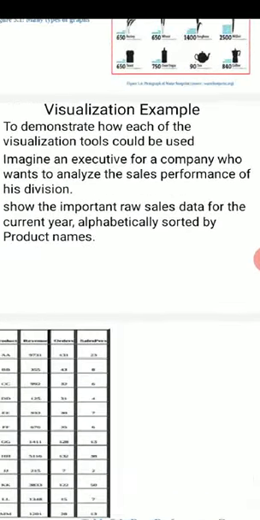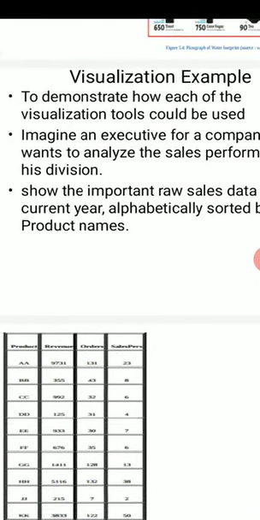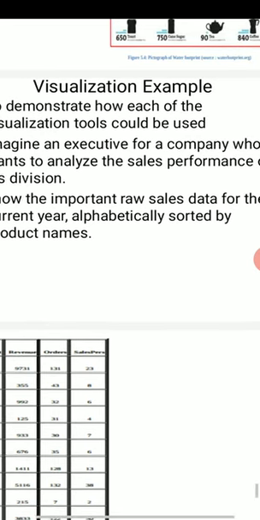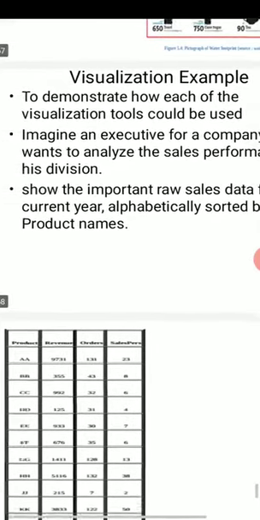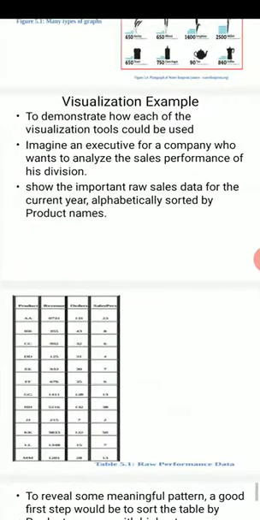Here is an example which you can go through later. To demonstrate how each of the visualization tools can be used, imagine an executive for a company who wants to analyze the sales performance of his division.